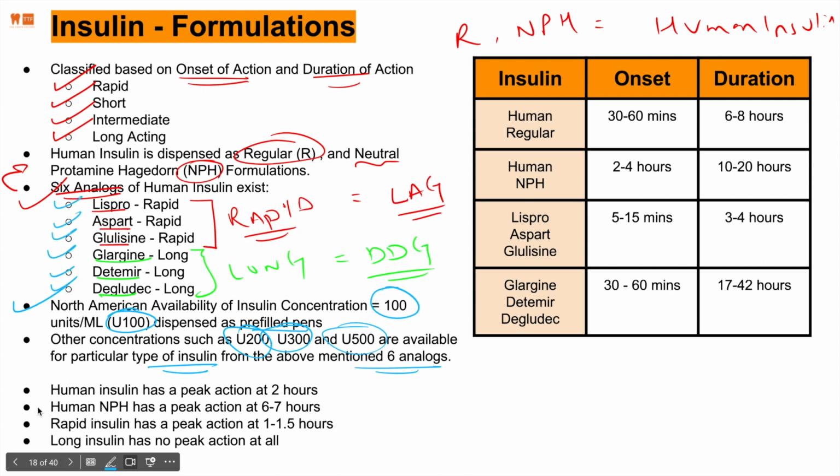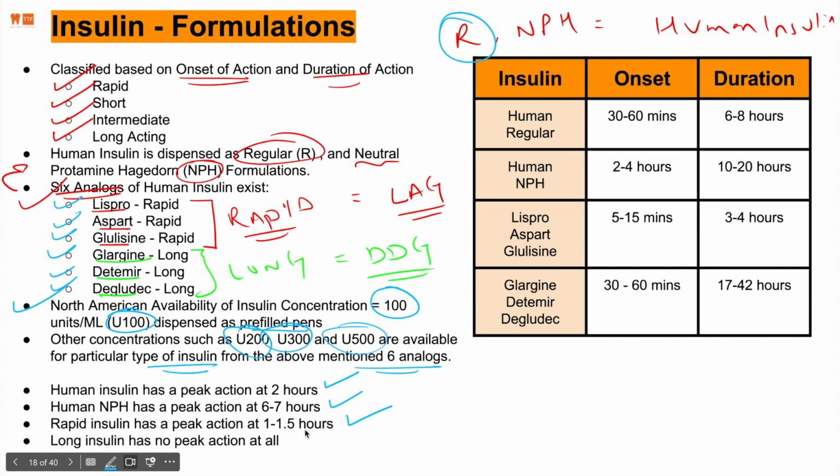Okay. Human insulin has a peak action of 2 hours. So basically this R, 2 hours of peak action. Human NPH peak action is at 6 to 7 hours after administration. But rapid has a peak action at 1 to 1.5 hours after administration.